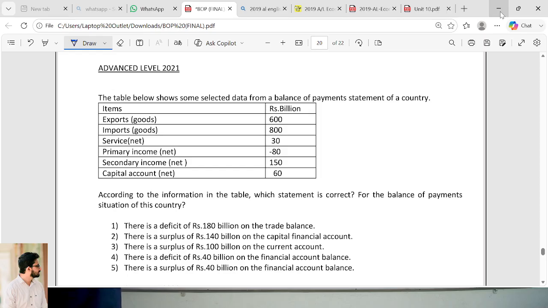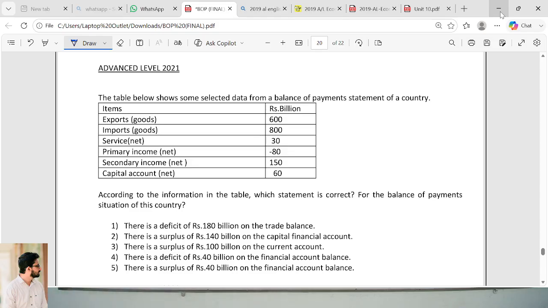Balance of current account: exports minus imports of goods. 600 minus 800 means trade in goods experiences a deficit of 200.